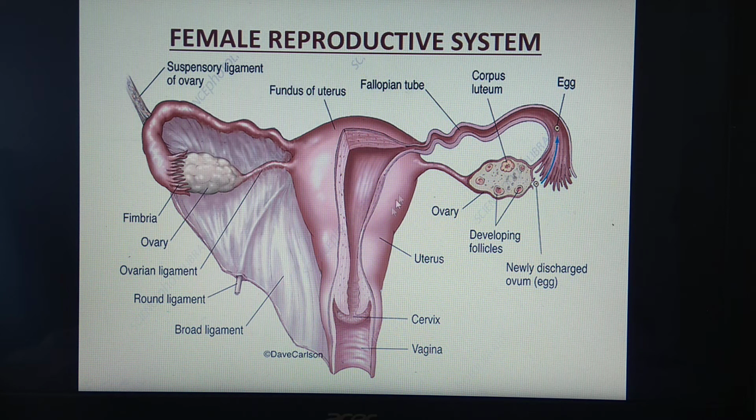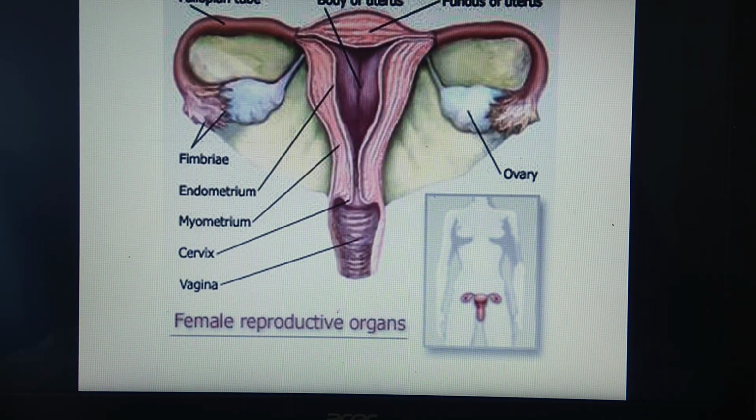Now we will see the details of this uterus. What material is it made of? You can see that this uterus is an inverted pear-like structure which is hollow internally. In the other diagram, we will see the structural details of this uterus. The outermost layer is called the perimetrium.